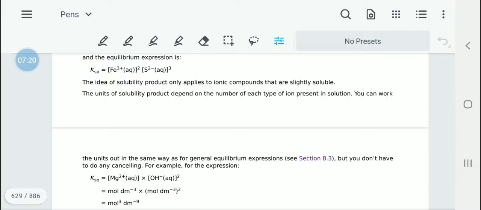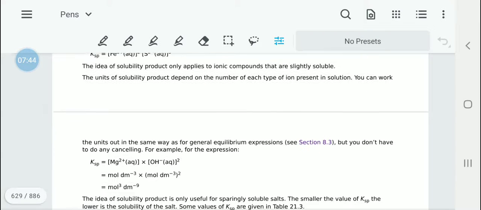This solubility product only applies to ionic compounds that are slightly soluble. That is also something that you must understand. Then the units of the solubility product will have to be calculated based on what you have here. So here you are going to get concentration squared and concentration cubed.